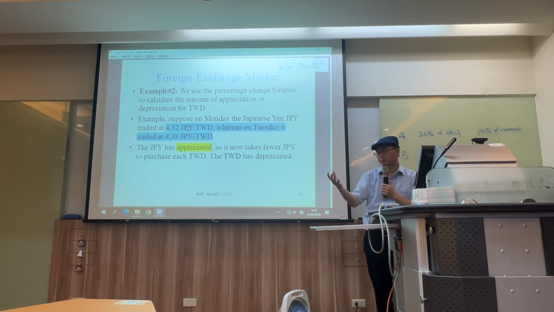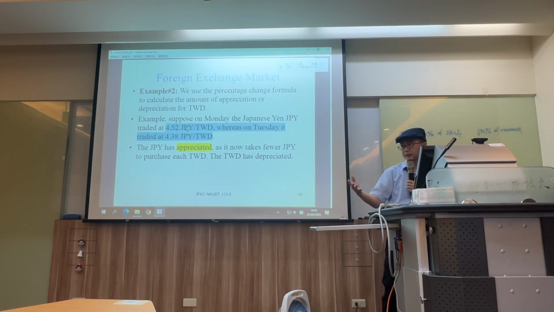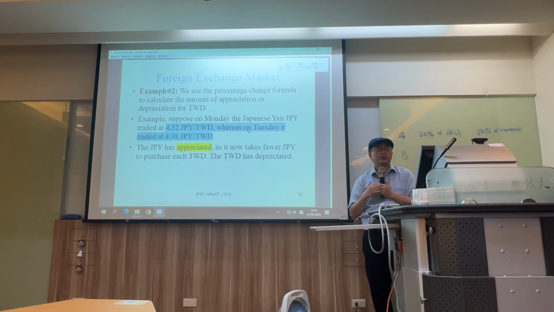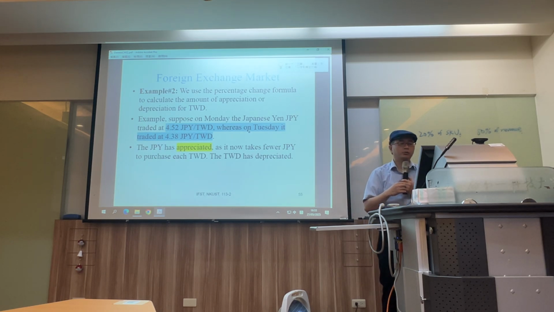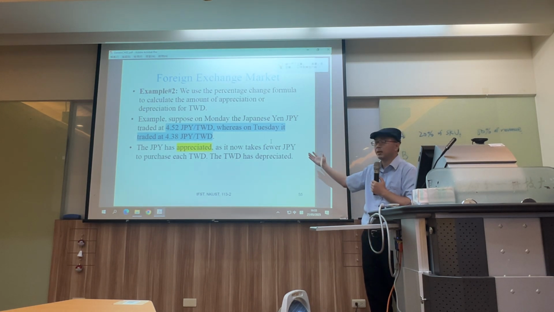Okay, so that makes the Japanese yen stronger, right? So that's why the Japanese yen has appreciated, right? Because it now takes fewer Japanese yen to purchase each unit of New Taiwan dollar, and then the New Taiwan dollar has depreciated. Right? So now we're gonna work on the math again.